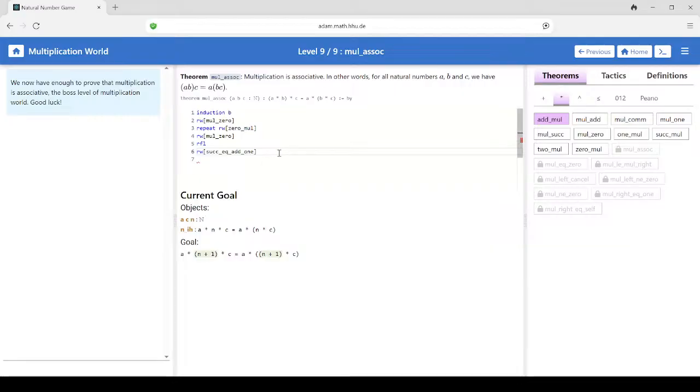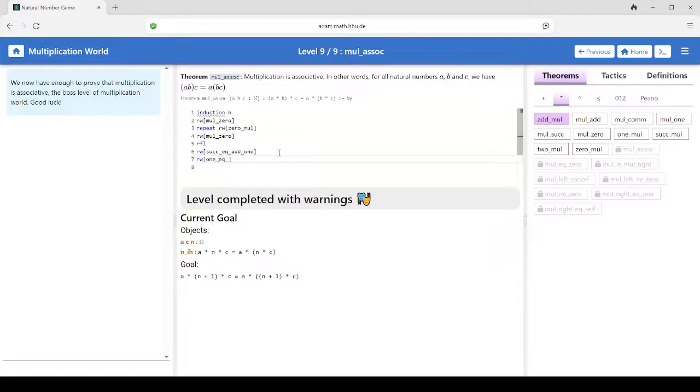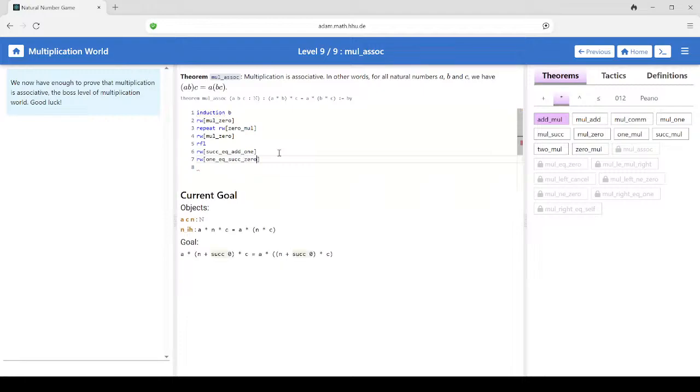I'm pretty sure what happened last time is I then went rewrite 1 is the successor of 0, and we got that.